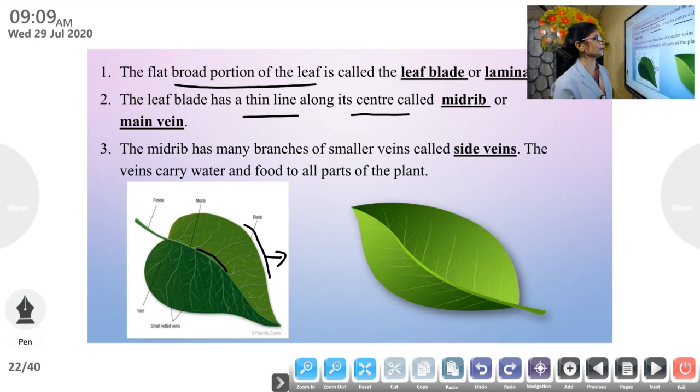We studied that. Understood, children? Okay. Then third one, the midrib has many branches of smaller veins called side veins.